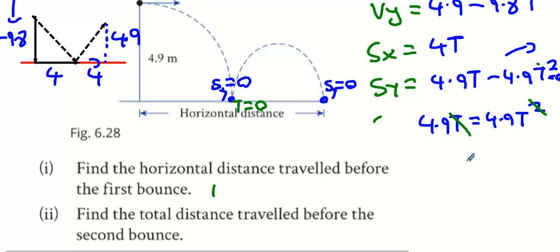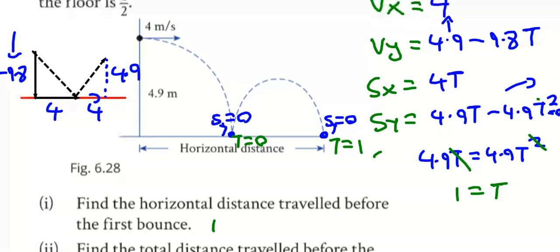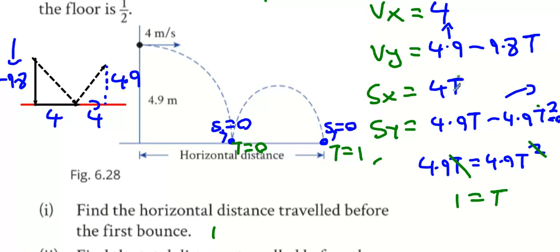Divide through by 4.9 and you get t equals 1, meaning it takes 1 second to do your bounce. And then what do we think then? Sx, 4 times 1? 4. Do you notice in the diagram they're the same length as each other as well? If you were to measure them, they'd be the same length. 4 plus 4? 8. 8 meters.